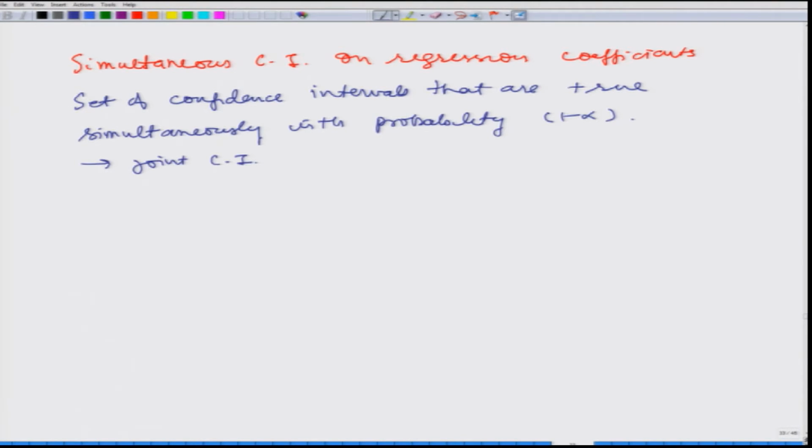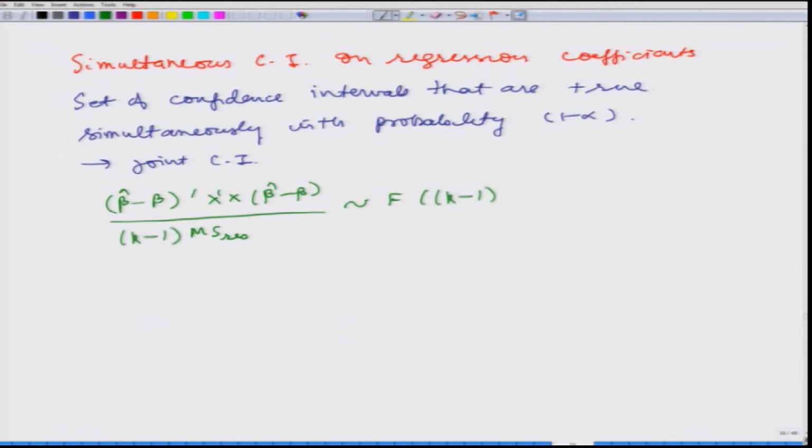Now, in order to construct a joint confidence interval, we can use the result that beta hat minus beta transpose X transpose X beta hat minus beta upon k minus 1 times MSRes follows an F distribution with k minus 1 and n minus k minus 1 degrees of freedom.